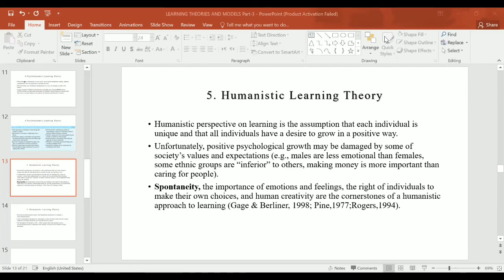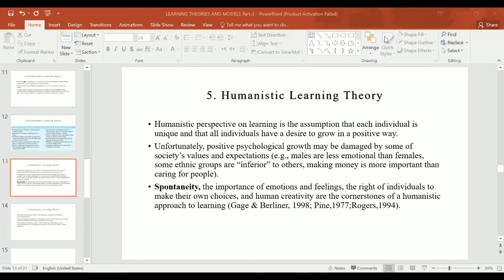Another myth is that making money is more important than caring for people. These are the social standards that affect an individual's life and their positive way of growing by themselves.